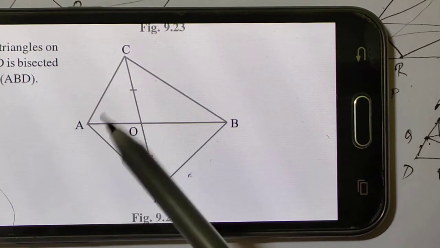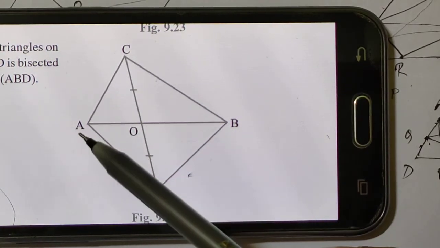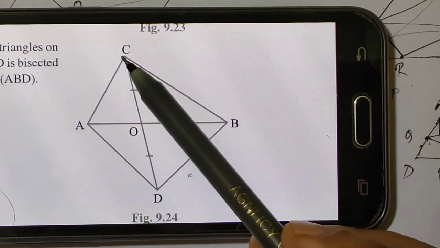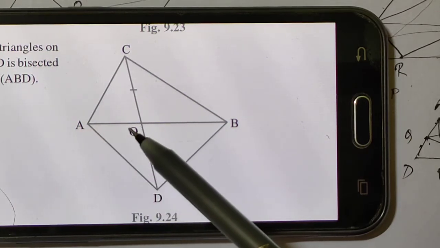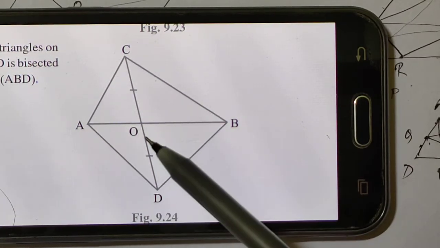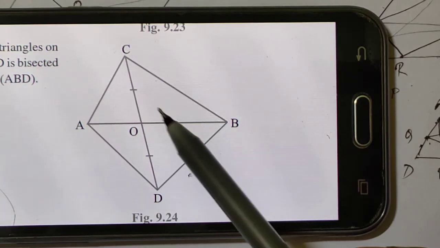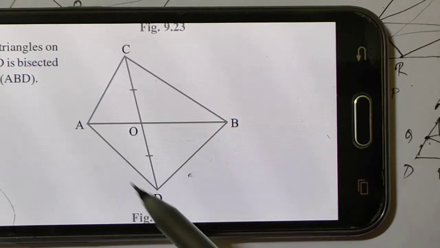Next, the area of triangle AOC is equal to the area of triangle AOD, because in triangle ACD, AO is the median. So we have two equations: area of triangle COB equals area of triangle DOB, and area of triangle COA equals area of triangle DOA.